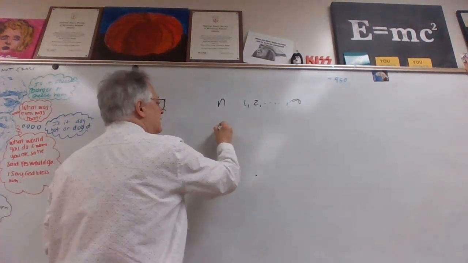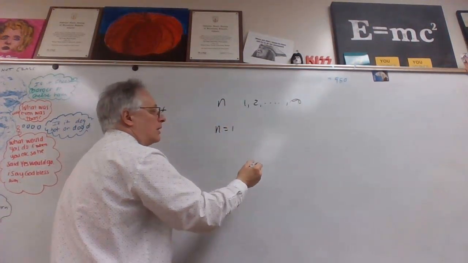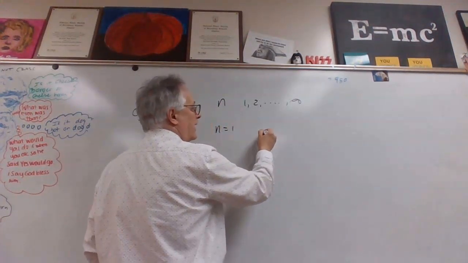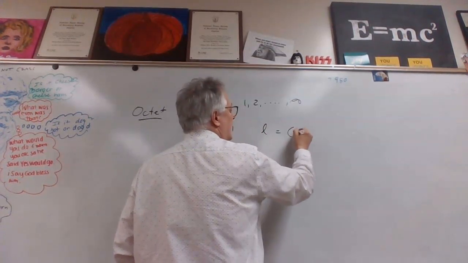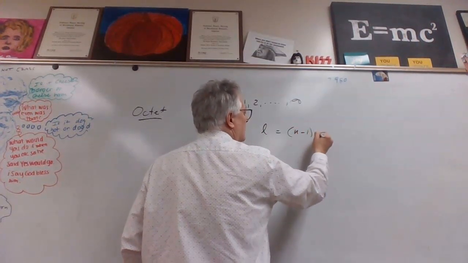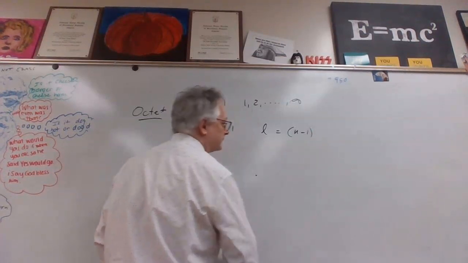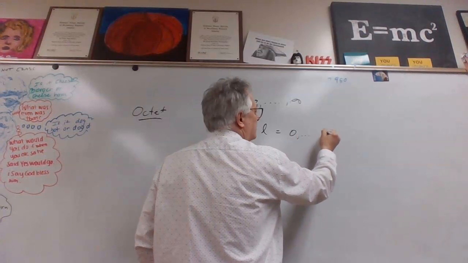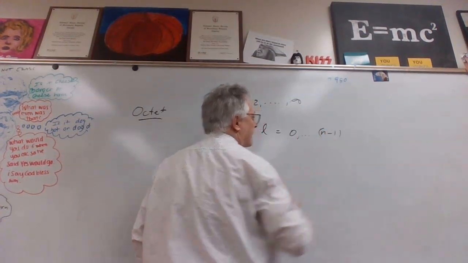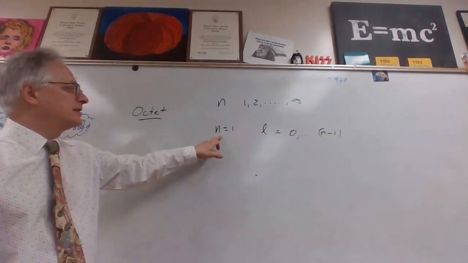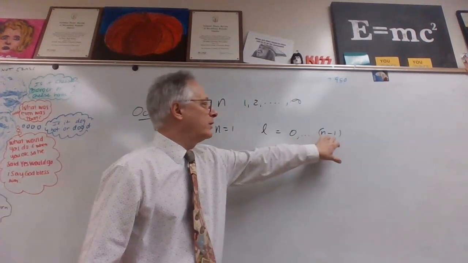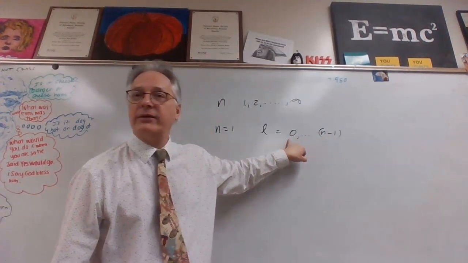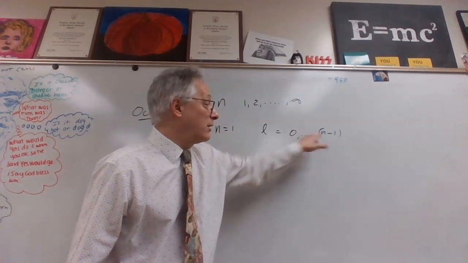So for each n, our L values start at 0 and go up to n minus 1. Well, if n is equal to 1, we only have one option for our L value. n minus 1 is 0.